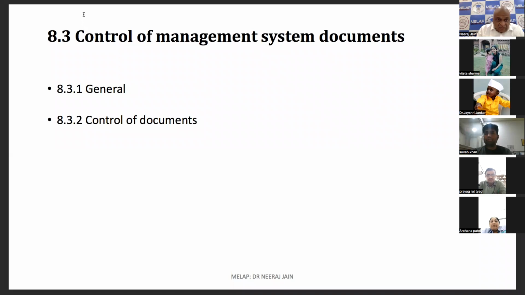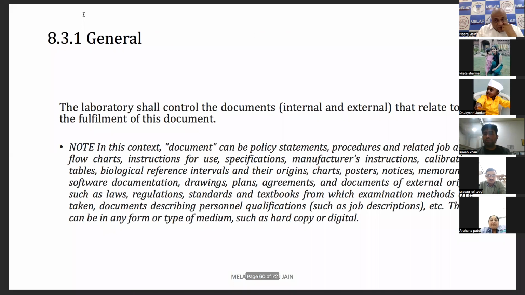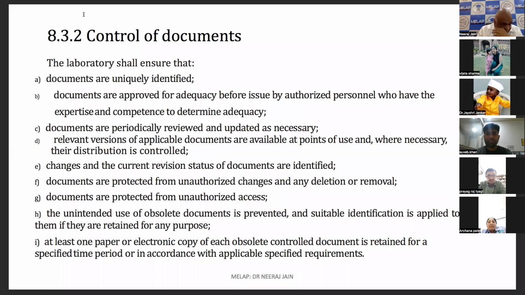Then control of documents, previously it was 4.3, document control. The requirements are the same as the previous standard. And you have to realize one thing, this control of documents is applicable not only to internally generated documents, but externally procured documents also. You are buying so many textbooks, you are using them for reporting, for other references, some journals, those also shall be controlled.